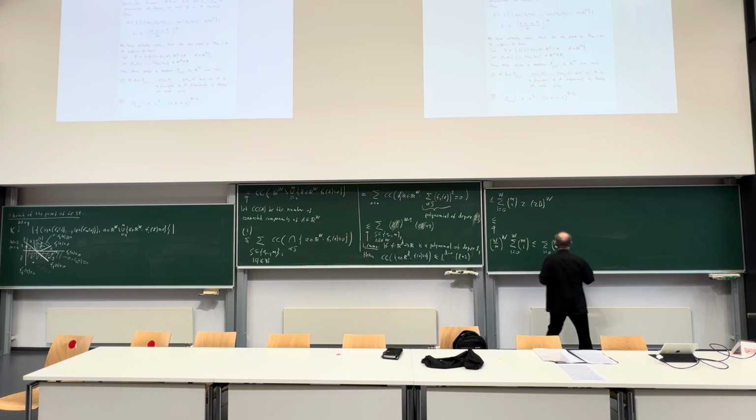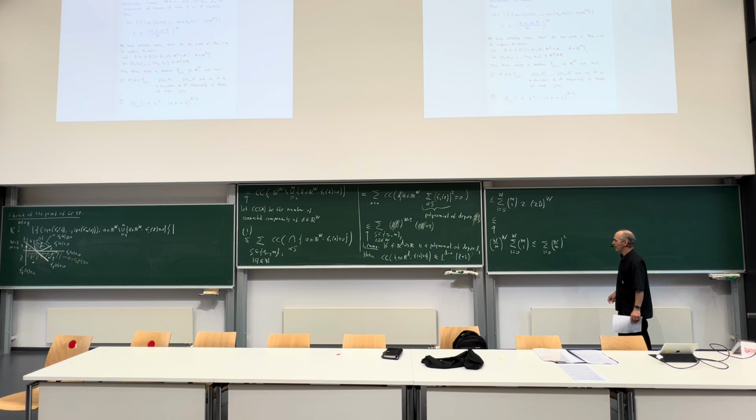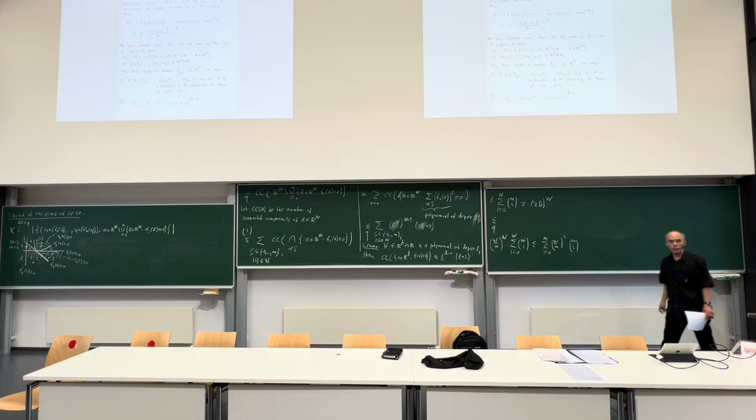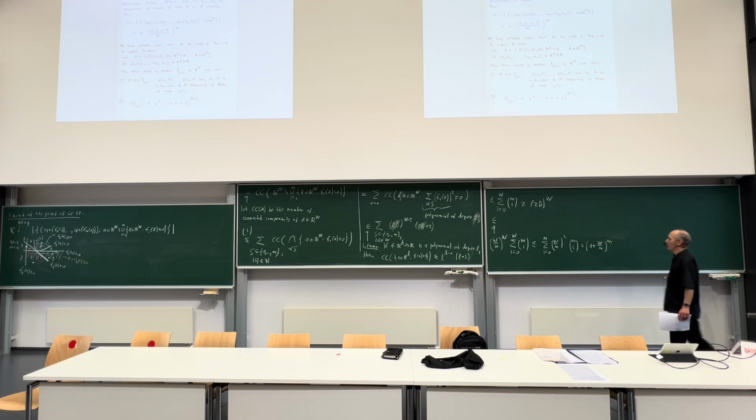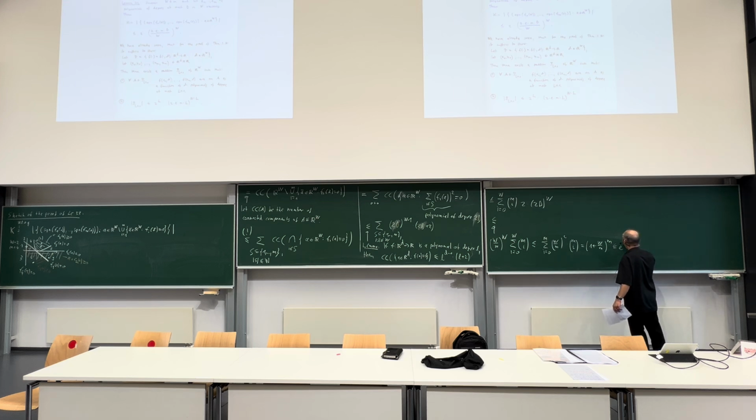So if I replace this by the exponent i, it gets larger, and then I make the upper bound larger by summing up to m. Then I use the binomial theorem, and you see this is 1 plus W divided by m with exponent m. And then you make 1 plus x less equal e to the power x, so the whole thing is less equal e to the power W. So you see the sum is less equal than m times e divided by W with exponent W.